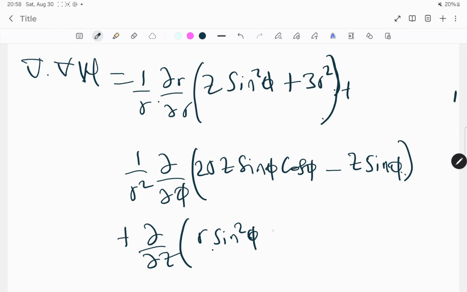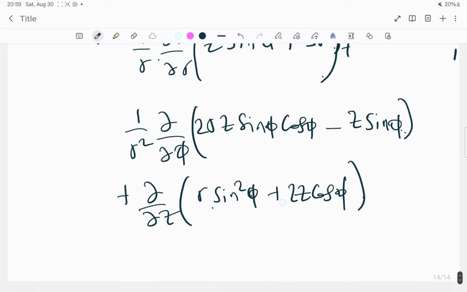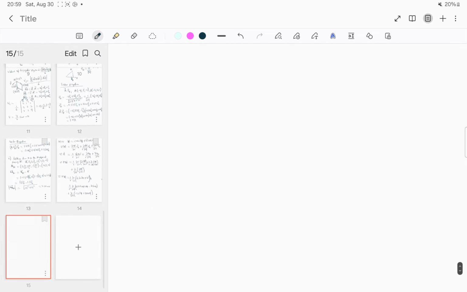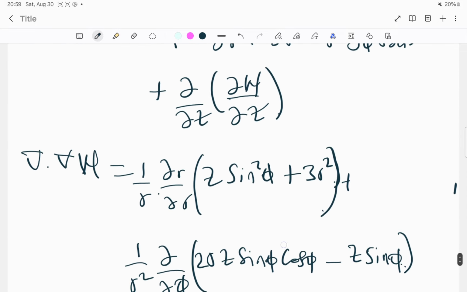Then with respect to z, we have 2z cos phi. Then here will be 0. So we have this here. Okay. Now that we've done that, we now go and do the second differentiation, or the second derivative in a way.